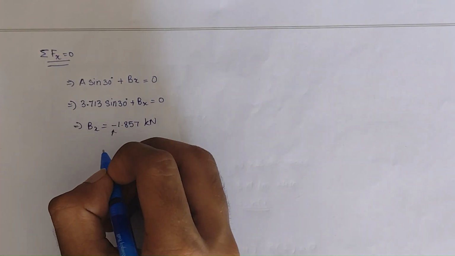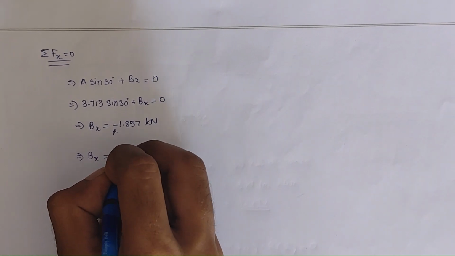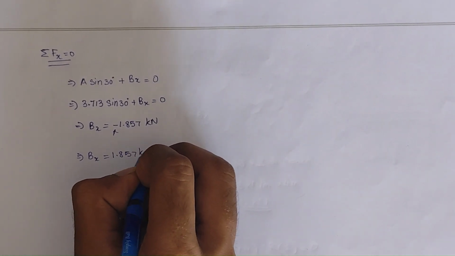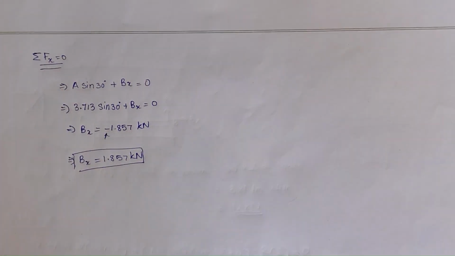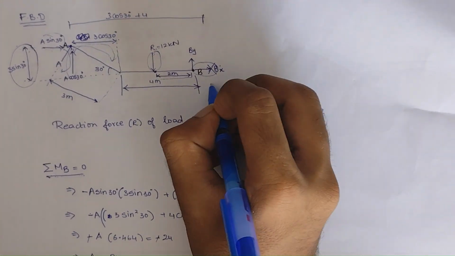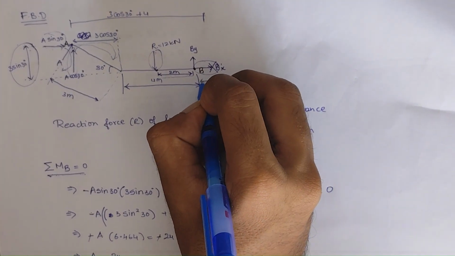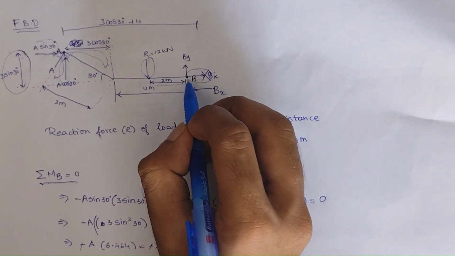So now we have to change the direction of the component, so it will become 1.857 kilonewton. So let's change it here. This was wrong, and we should be taking it as Bx. So the direction will be towards the left side and not towards the right side.